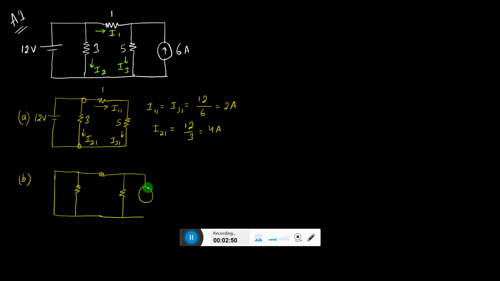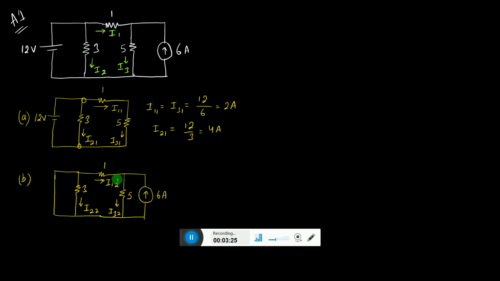And we are giving a current source of 6 ampere. Here we will give the names I12, I22, I32. So here we can apply the current division rule.